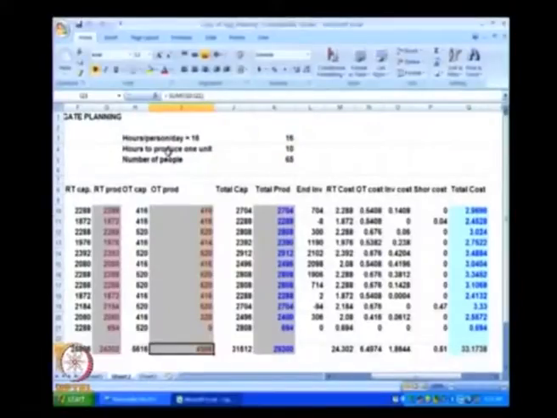Next question that we have to answer is, are regular time production and overtime production the only two means of production, or can we have other means of production? For example, can we consider outsourcing as a means of producing or as a means of meeting the demand. The other question is, do we have only these 4 costs or are there other costs?